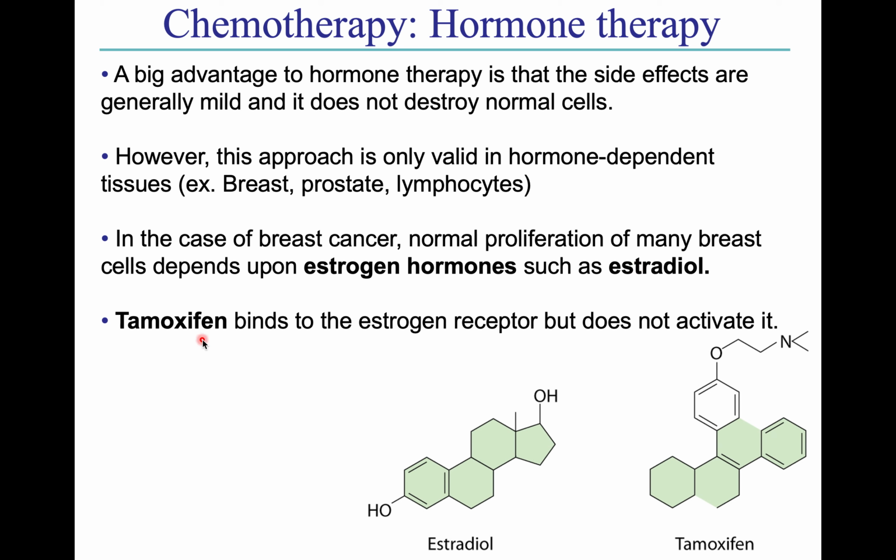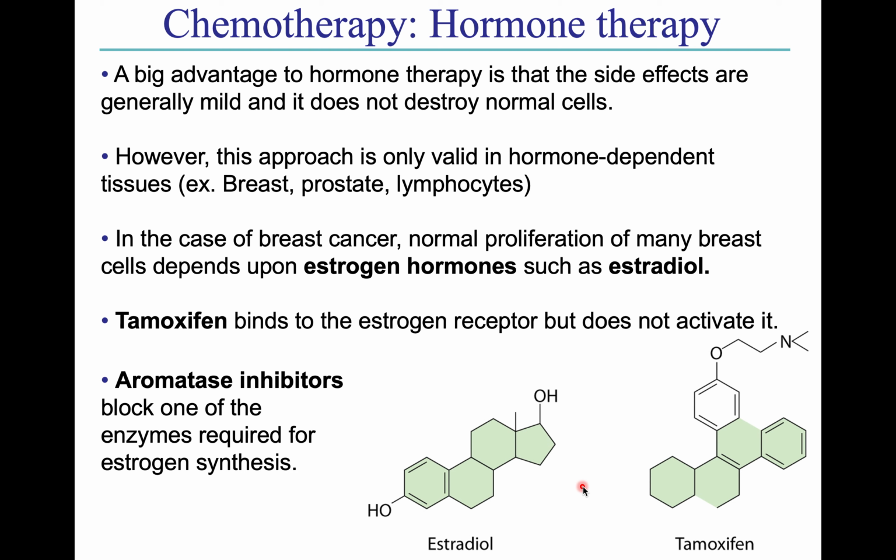So a chemotherapy agent called tamoxifen binds specifically to that estrogen receptor. You can see it shares some similarities in terms of its structure to estradiol, but it does not activate that receptor, so it basically just binds and blocks it and prevents that hyperactive signaling that was occurring in those tissues.